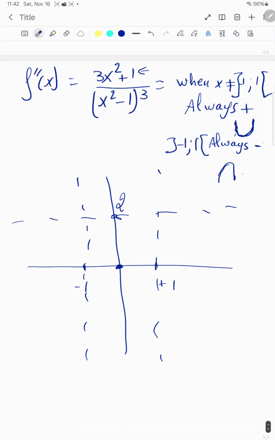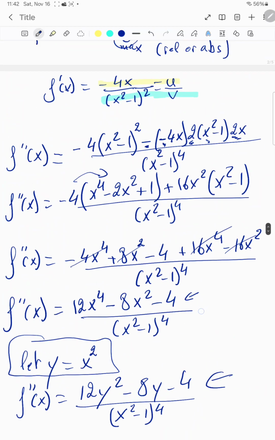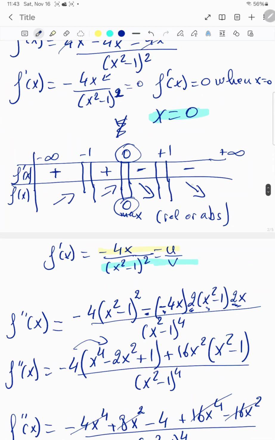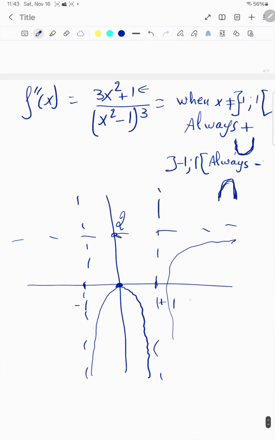So I know the concavity is downward between minus 1 and 1, so it goes up like that and goes down like that. And outside of minus 1 and 1, I cannot have it like this here, because I know that between plus 1 and plus infinity it is descending, and here it is ascending.